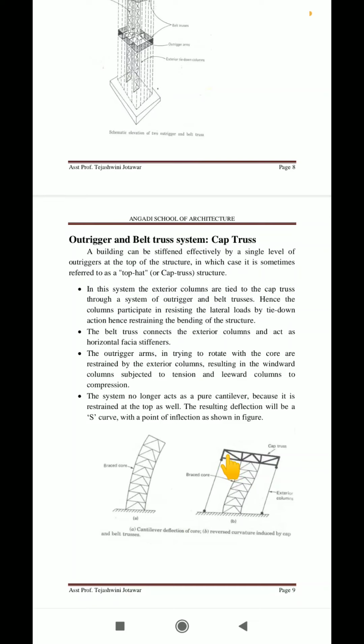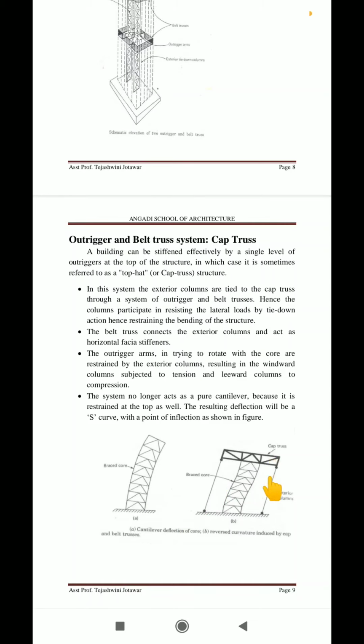Hence, these columns participate in resisting the lateral load by a tie down action, resulting in restraining the bending of the structure. So if I apply a load like this, then if it was a single braced core structure, it might have bent in this fashion. But since I am providing a cap truss and holding down the exterior columns like this, the exterior column is not allowed to bend in this direction.